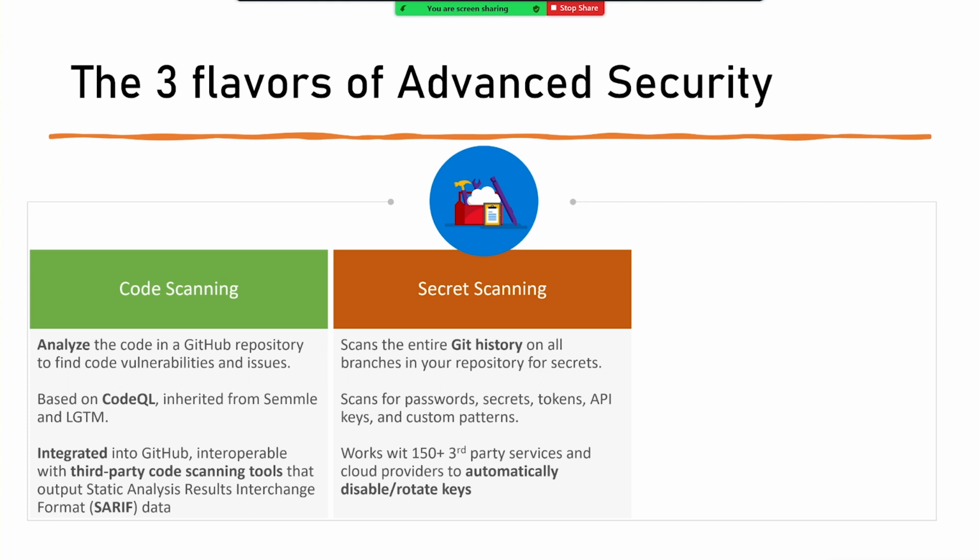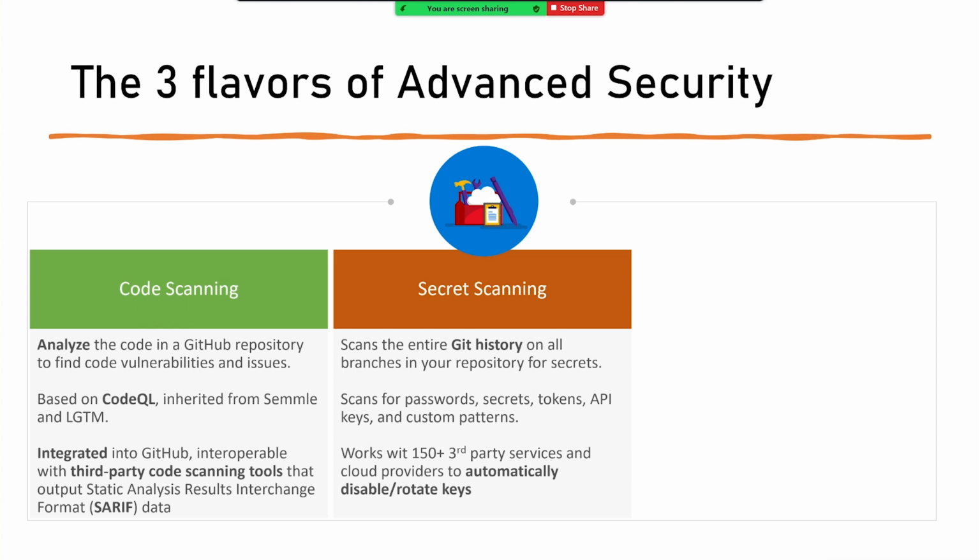Even if you commit a secret to your repo today and then you discover it and tomorrow you remove it, you commit another file without the secret, your secret is actually still present in your history. So secret scanning goes on and scans the whole history in all your branches for the repo in which it's running. And again, it scans for passwords, secrets, tokens, API keys, and whatnot.